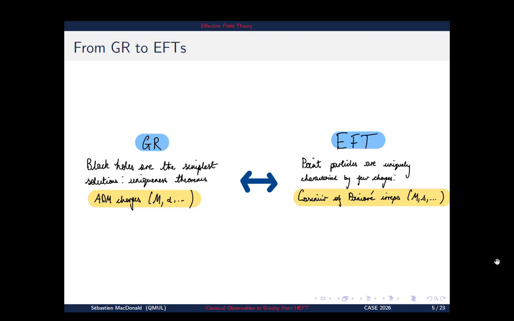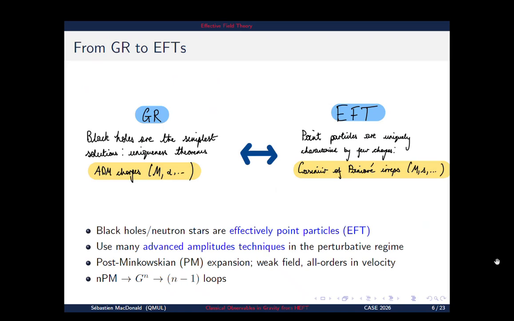So let's look at the first inkling that we might use an EFT to describe that. We describe black holes with, for example, their charges, such as their mass, spin, etc. We have a very similar story for point particles in field theory, described by Casimirs. So going forward, we're going to model black holes and neutron stars as effectively point particles.